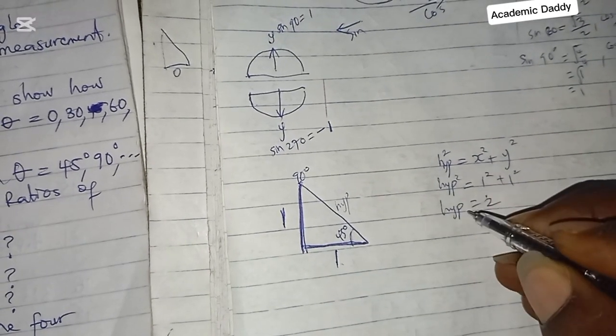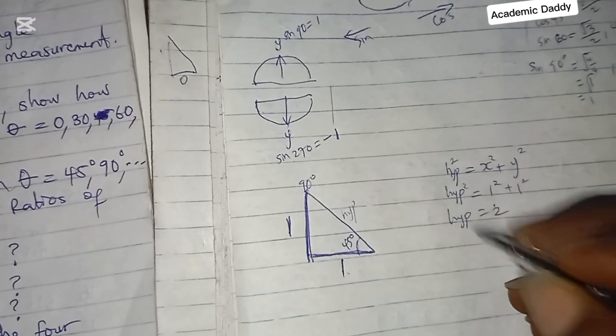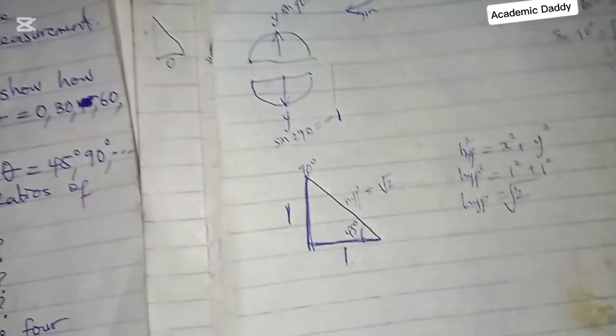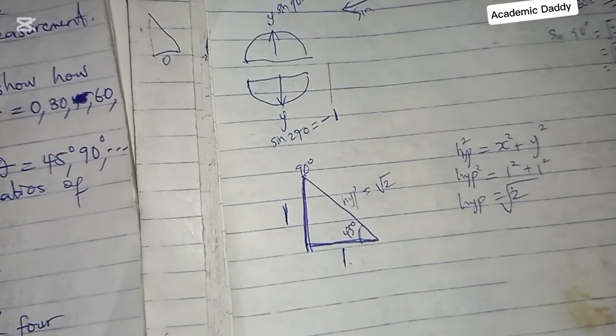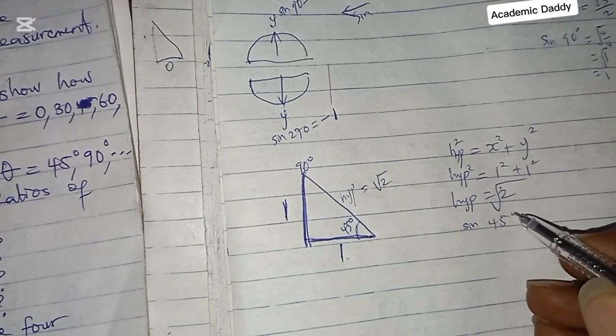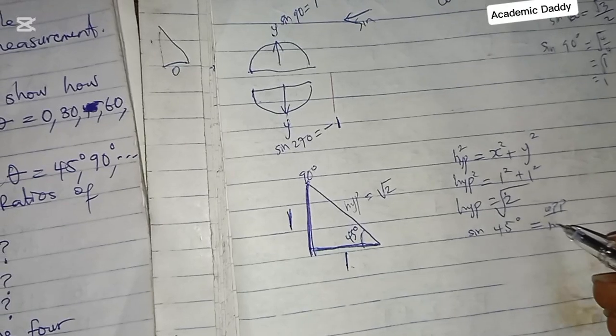So hypotenuse here is going to be, this square now moving over, is going to be root 2. So if I want to now get sine 45, sine 45 degrees will be equal to, sine means opposite over hypo.